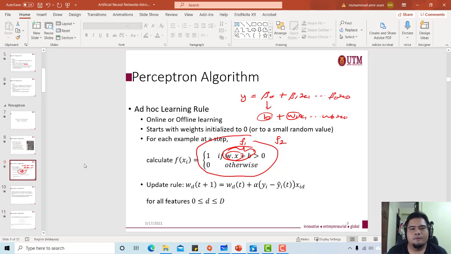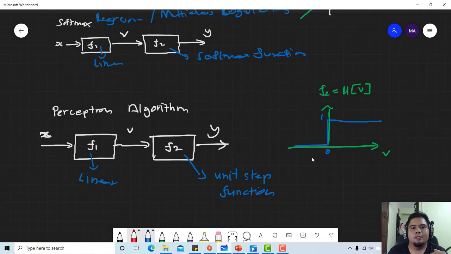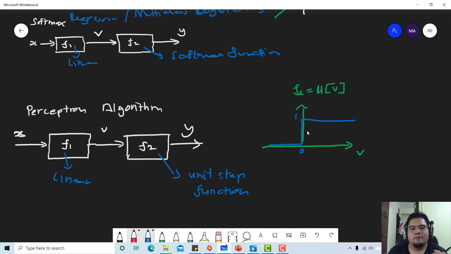One of the disadvantages of the perceptron algorithm is, as you can see through this function, because f2 is always some kind of non-linear function for the purpose of decision making. Since you are using the unit step function, the output here is a categorical output, meaning it can be either 0 or 1, as class 0 or 1, meaning that this perceptron algorithm becomes a classifier.